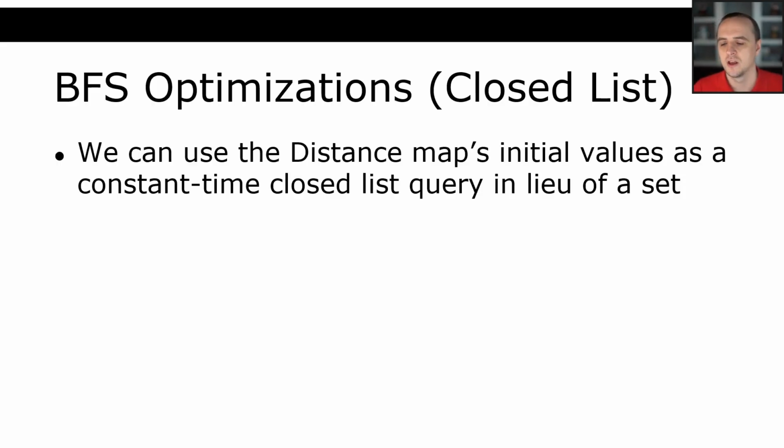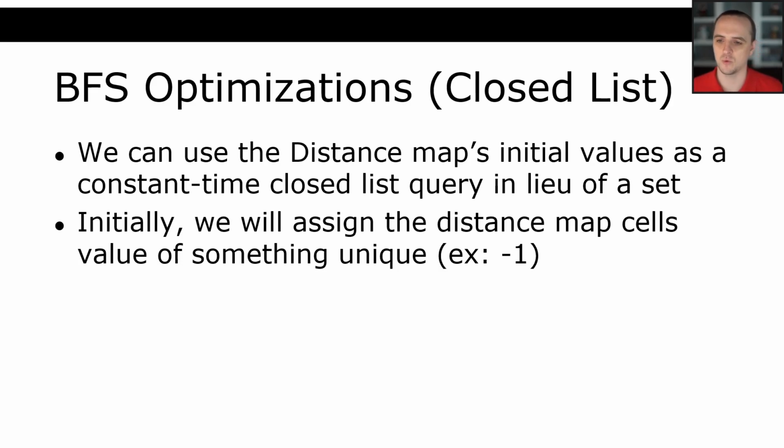All right. The cool thing about this algorithm is that we can use the distance map's initial values as a constant time closed list query instead of using a dataset. So, how does that work? Initially, we are going to assign the distance map cell values of something unique.